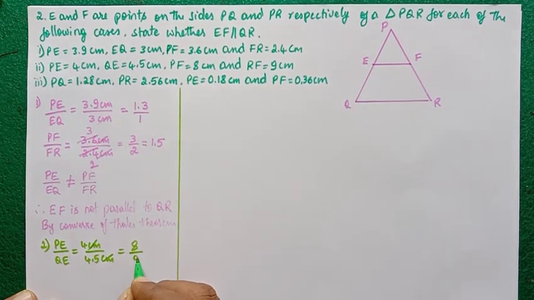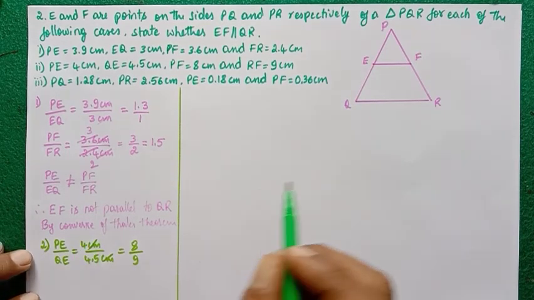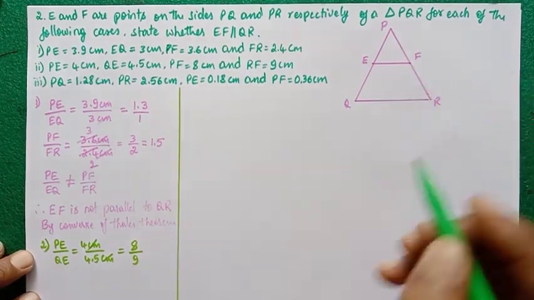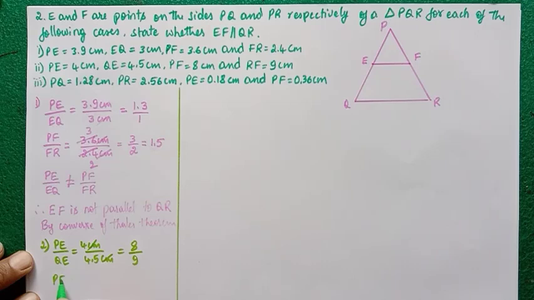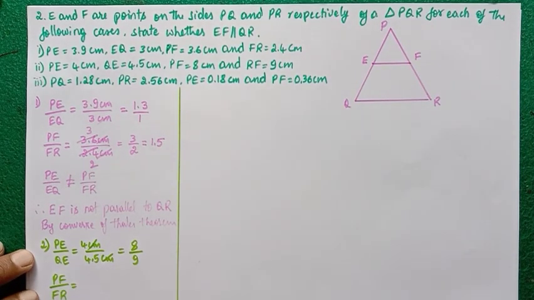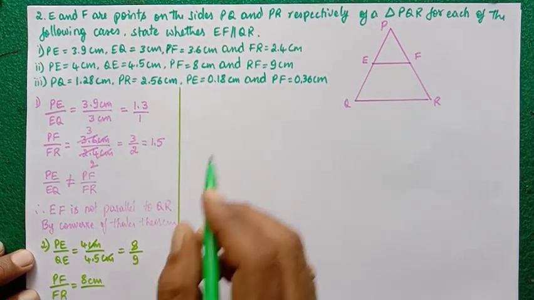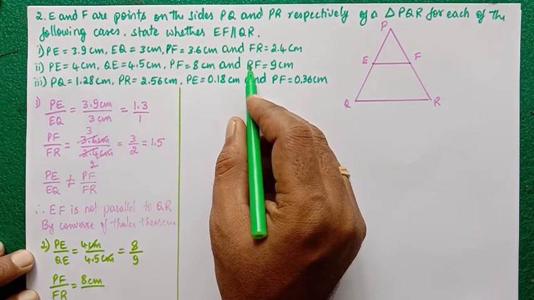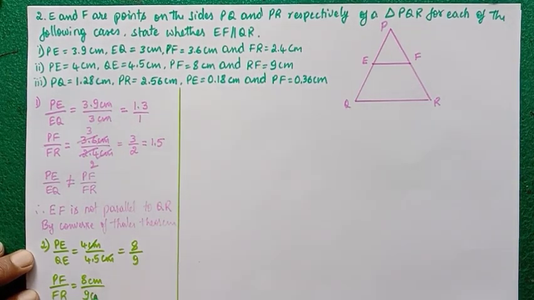Next we want to move to PF by FR. PF is 8 centimeter and FR is 9 centimeter. So the centimeter cancels, so 8 by 9.